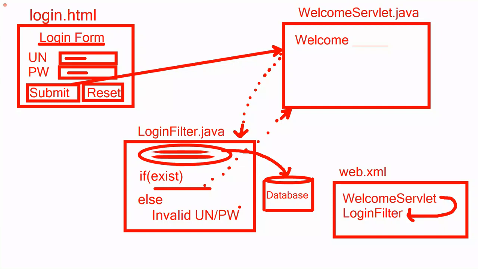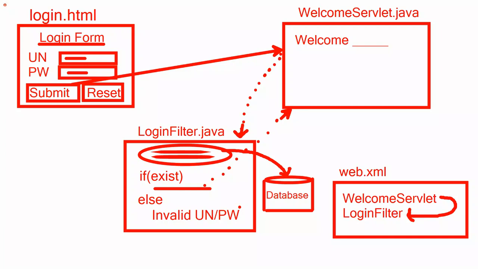When I click on submit, if the given username and password exist, how many programs are executed? Two programs. What are those? Welcome Servlet and login filter. Which one executed first? I'm not asking about control, which program executed first? Login filter. Next, welcome Servlet.